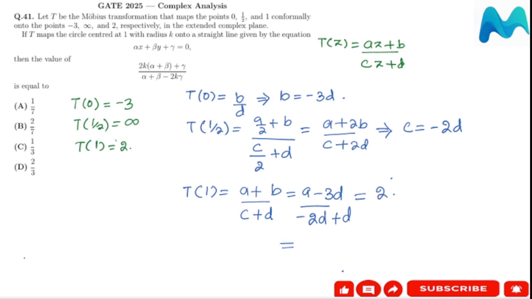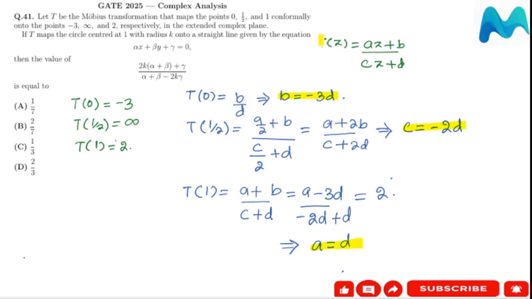So we get a equal to d, because -3d and the -d combine to give 2d, which gives d. So we have three values: b equal to -3d, c equal to -2d, and a equal to d.